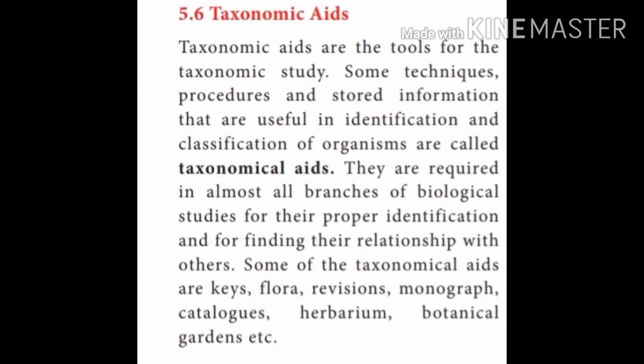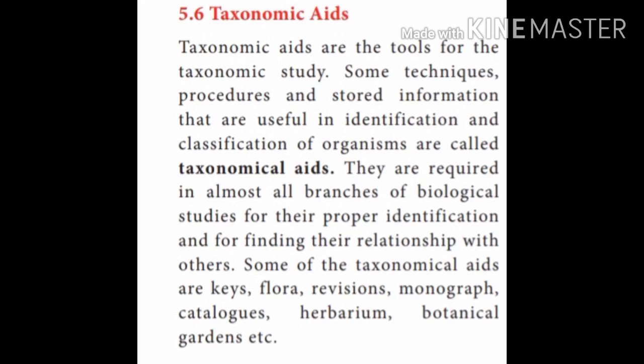Now we are going to identify the plant. To identify a plant, you should have certain tools. We call them aids or tools. For example, some of the taxonomical aids are books like keys, flora, revision, monographs, catalogs, herbarium, botanical garden.